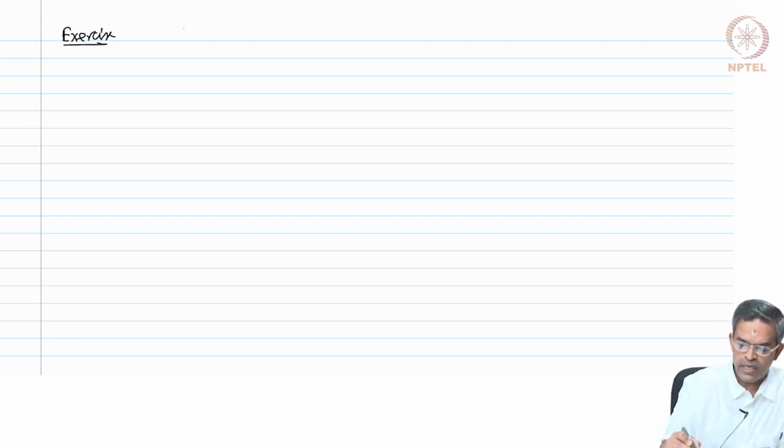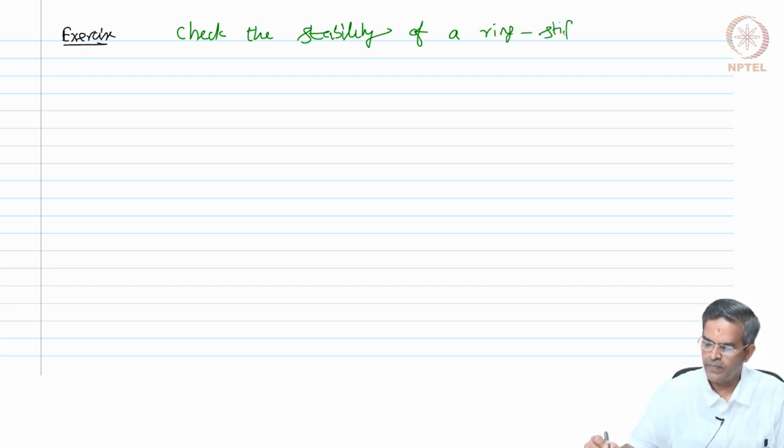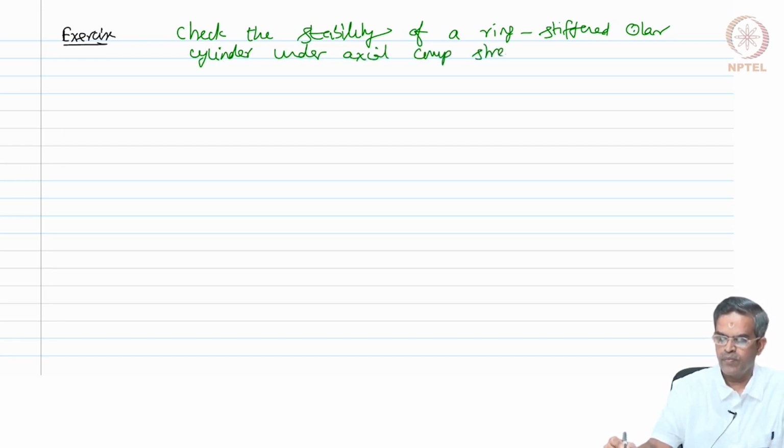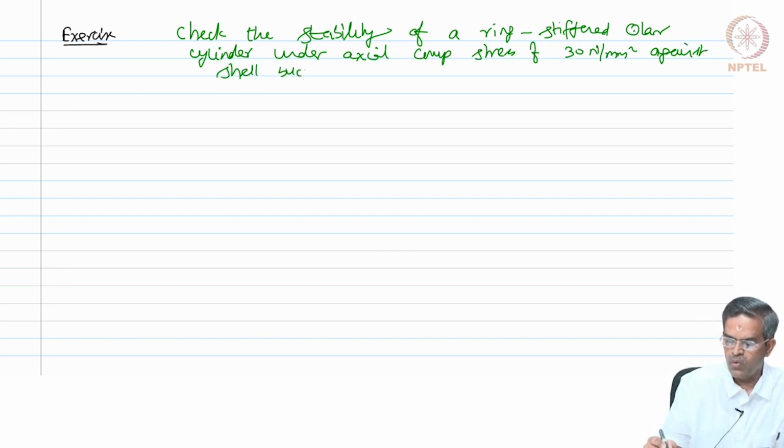Check the stability of a ring stiffened circular cylinder under axial compressive stress of 30 Newton per mm square against shell buckling. We will just look at only one mode of failure.